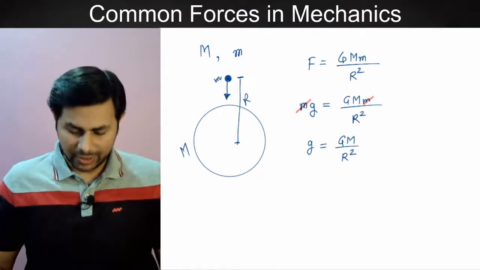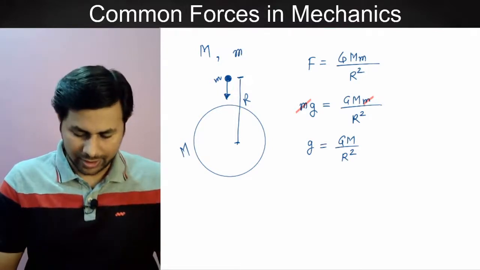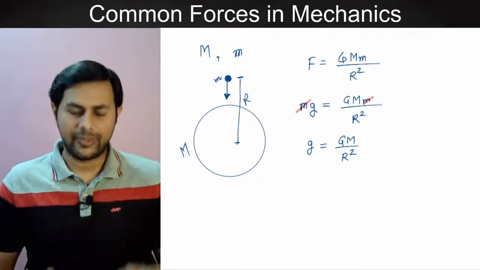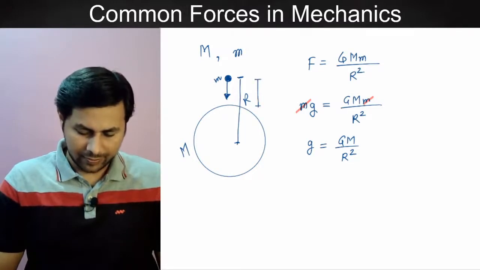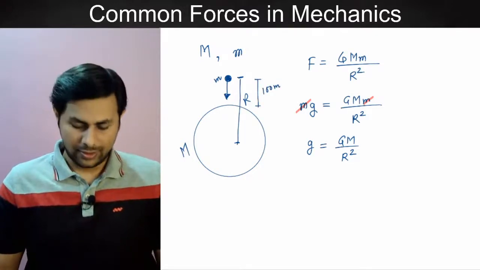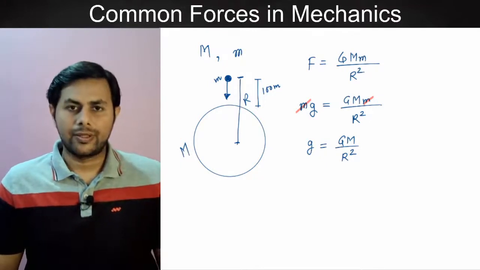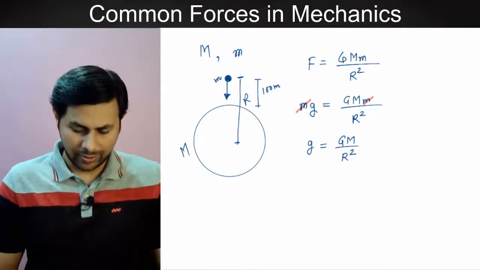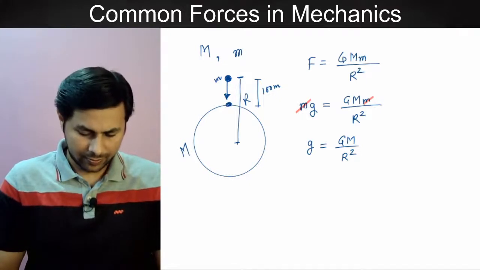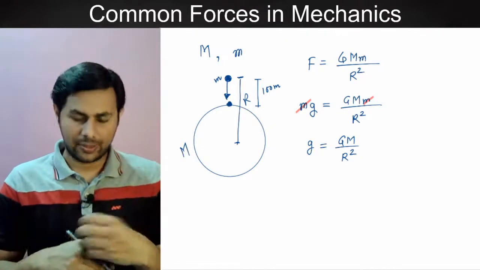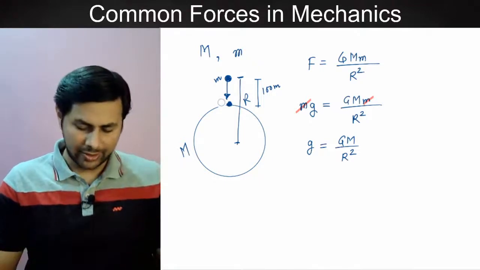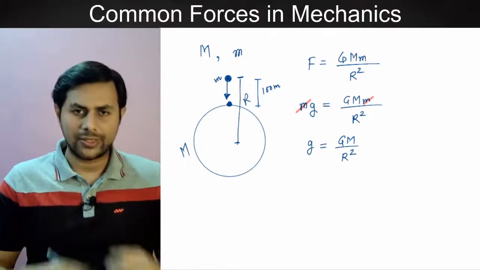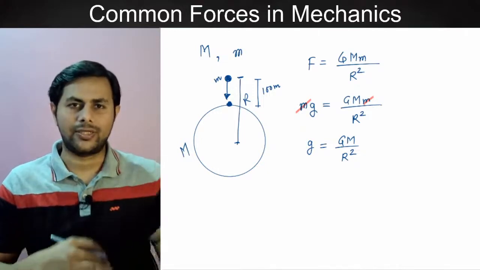But in practice what we do is, in many problems, let's suppose this mass is at a height of, let's say, 100 meters. Then this g will be smaller, because compared to the object on the Earth's surface, this mass is a little bit away from Earth's center.